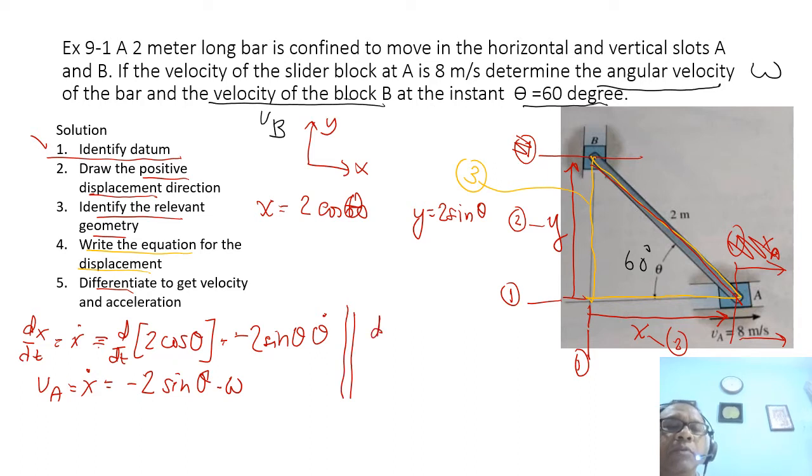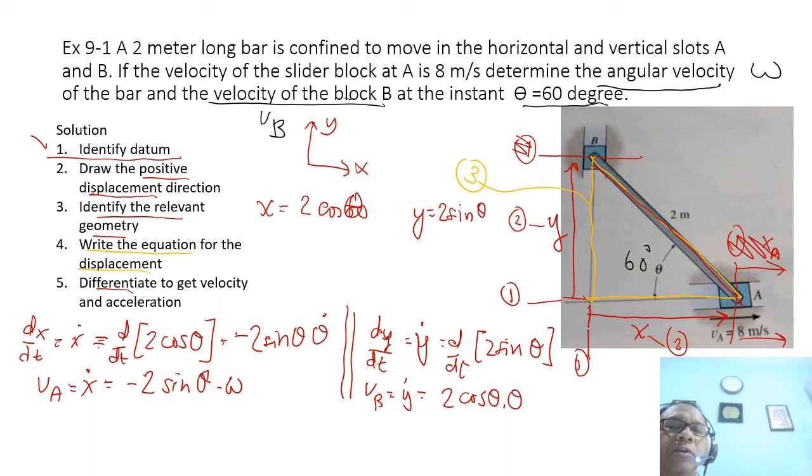Similarly, we can do dy over dt. That will give us y dot, d over dt of 2 sin theta. When we differentiate sin theta, VB equals y dot equals 2 cos theta theta dot, which is 2 cos theta omega.